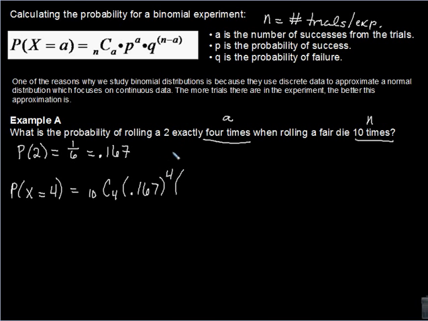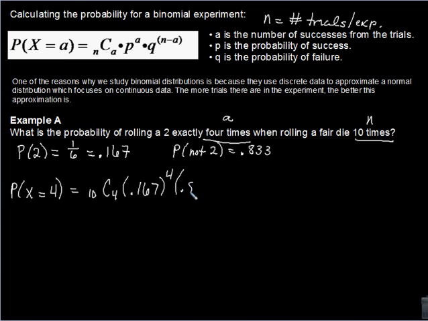So what's the probability of not a 2? I think it's 0.833, isn't it? I'll just double check myself. So it's 1 minus 0.167. Yeah, it's 0.833.